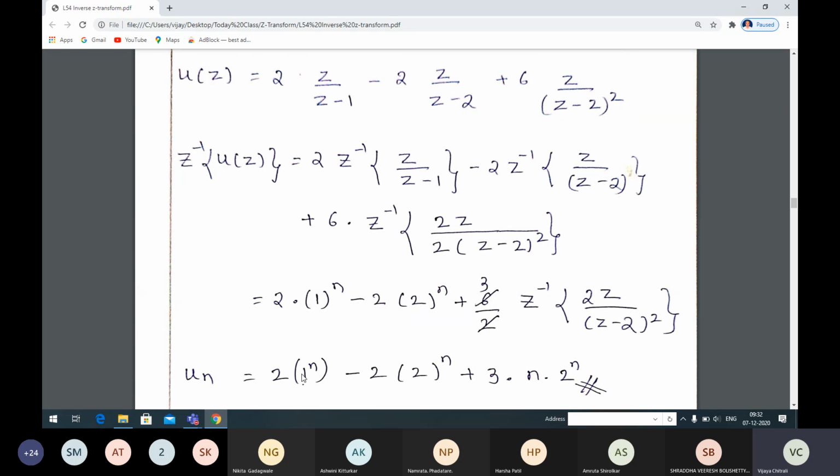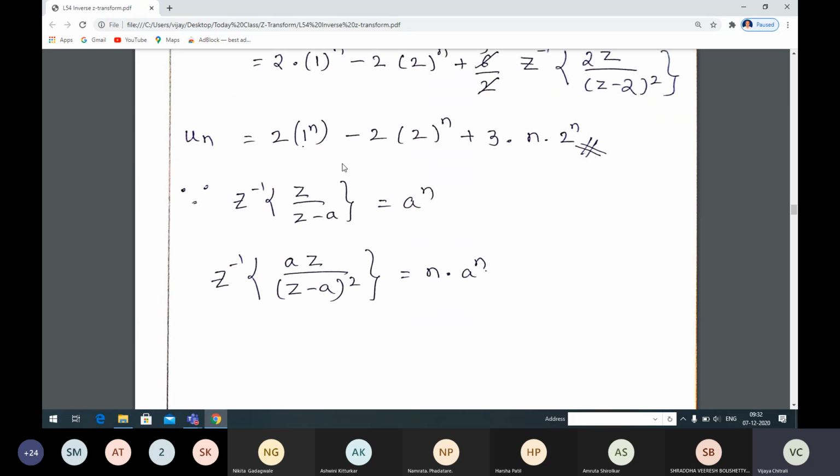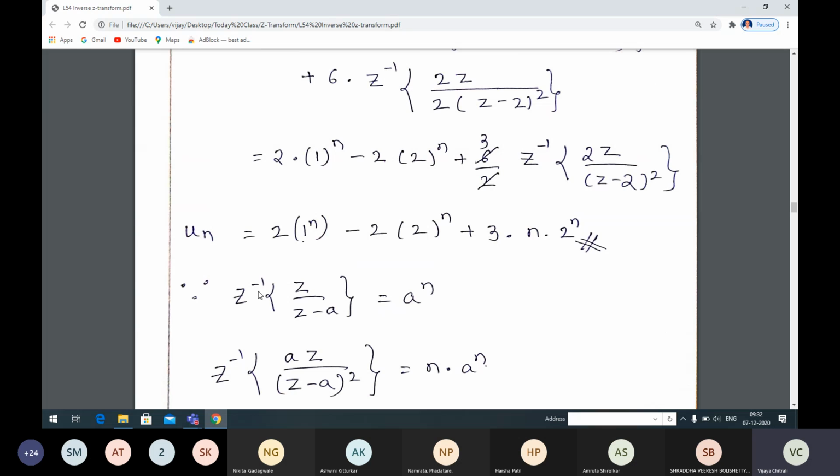And no problem for these two, because they are standard results. We have used these two results: inverse z of z divided by z minus a, and inverse z of az divided by z minus a raised to 2. So observe this: 2z in place of az, 2z divided by z minus 2 raised to 2.